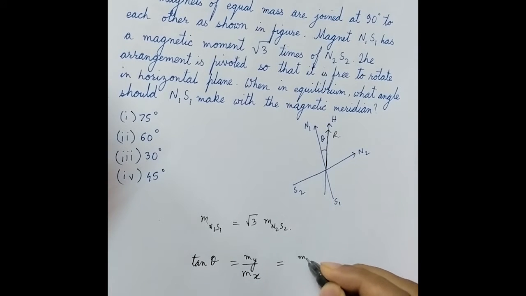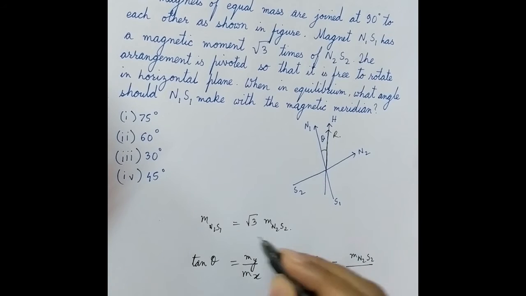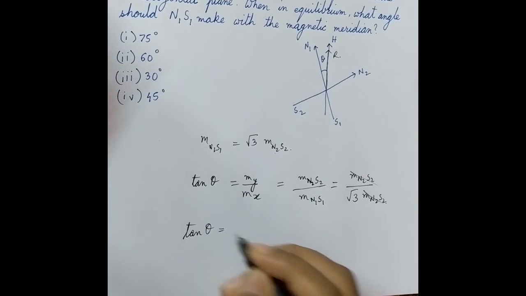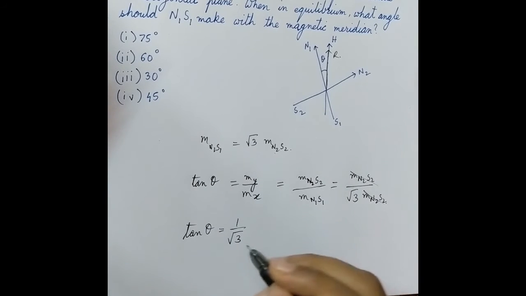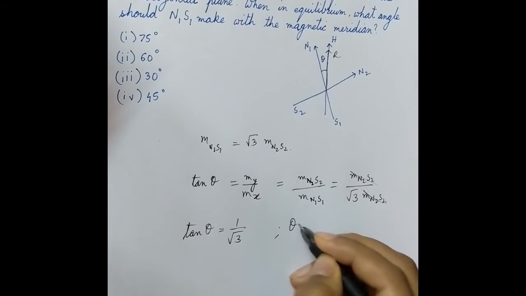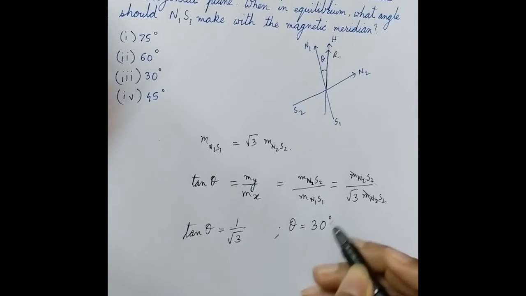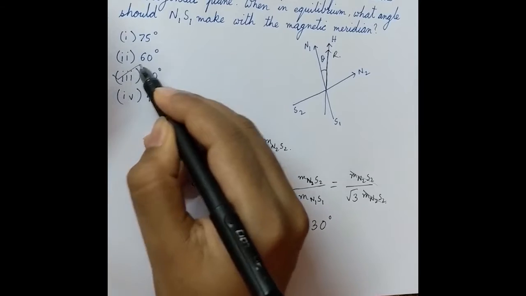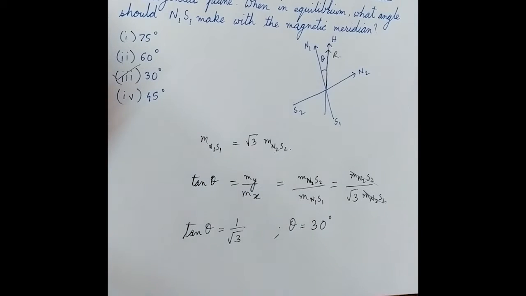So m of N2S2 divided by, replacing here, root 3 times m of N2S2. Cancel out, and you have tan theta is equal to 1 by root 3. Tan theta 1 by root 3 means theta is equal to 30 degrees. So for the first sum, our correct option is option number 3. Let's move on to the next.